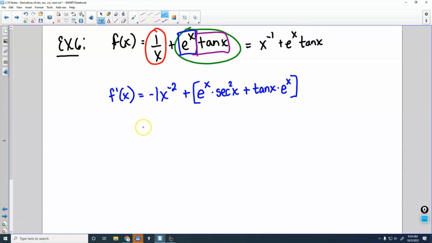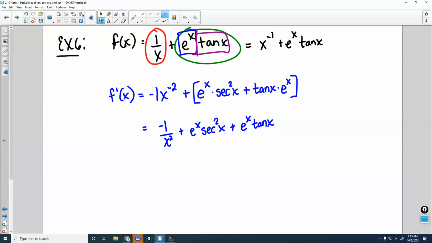So as far as how they write this, it just depends. I'm just going to send that back down to the bottom and clean it up a little bit. e to the x secant squared x plus e to the x tangent x.